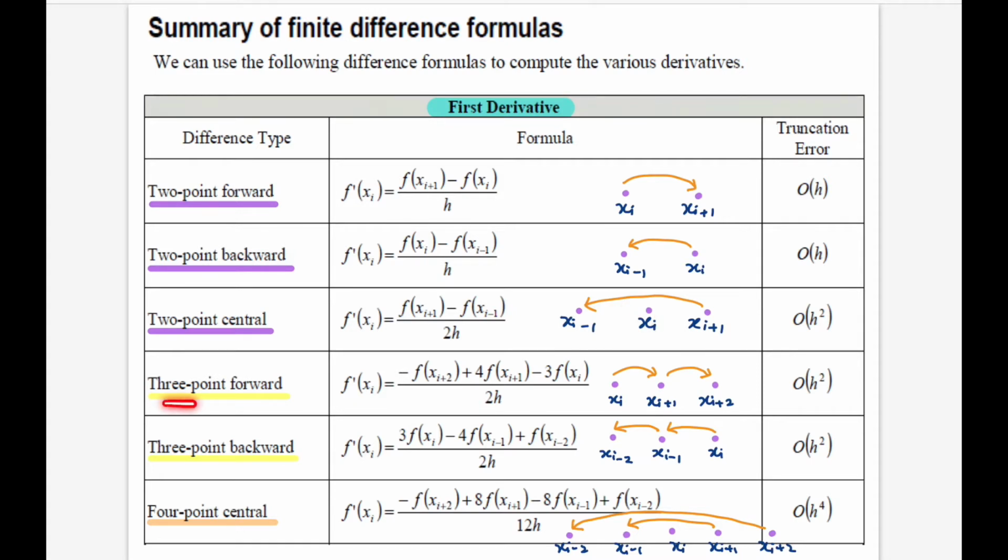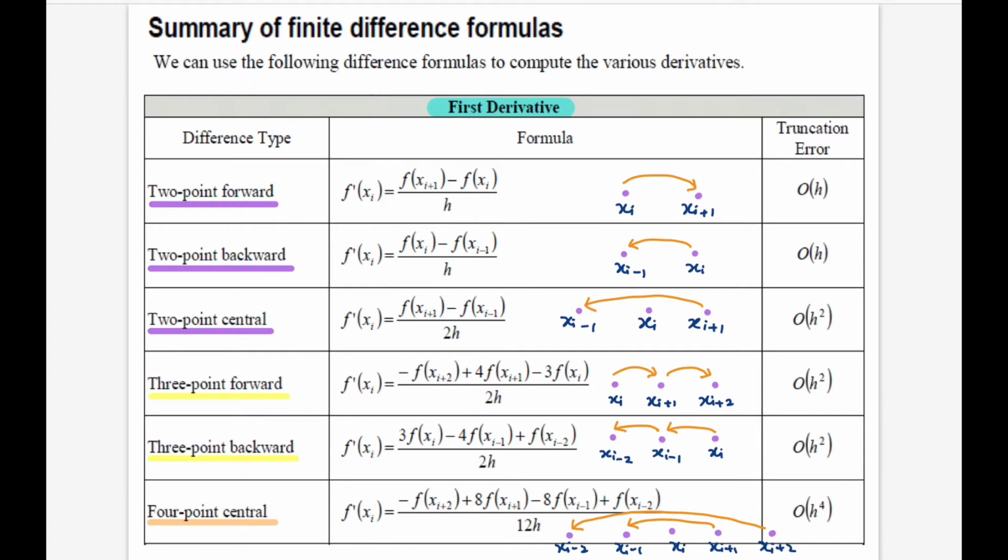For 3 point forward, you will use 3 points, xi, xi plus 1 and xi plus 2, divided by 2h. 1h, 2h. 3 point backward uses xi minus 1 and xi minus 2.